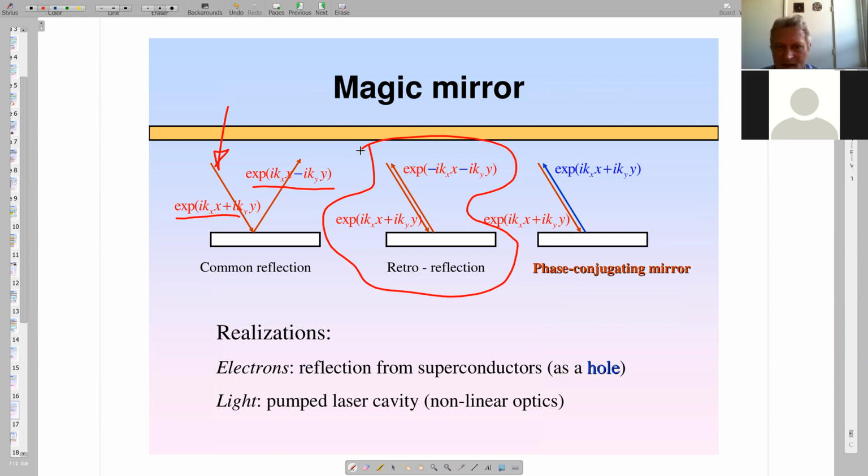You might think that this is magic, but with a large probability you have seen one today, unless you didn't go out. If you did go out, you have seen today a retroreflecting mirror.